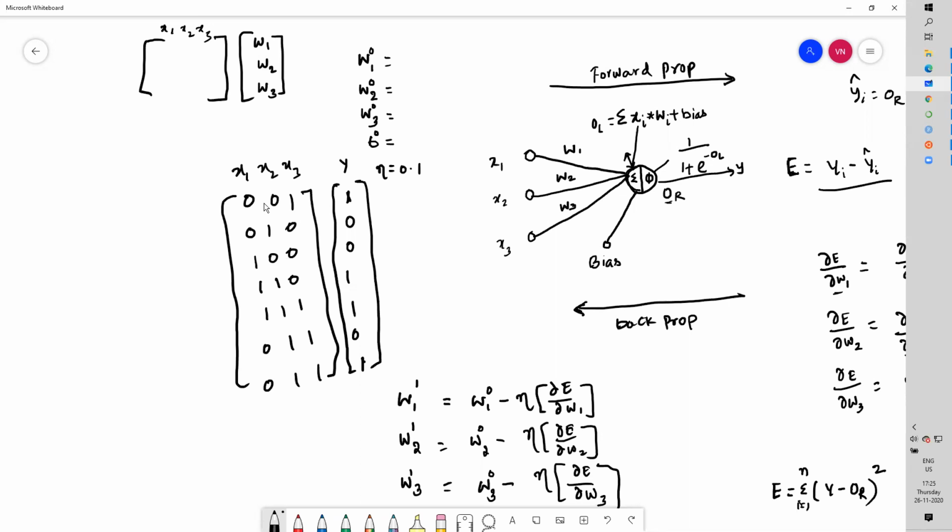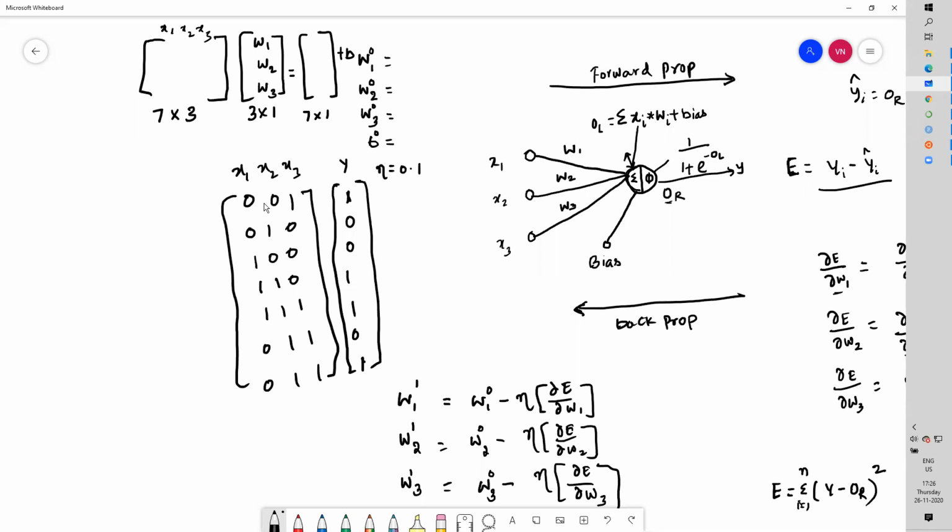Now this matrix is 7 by 3, 7 rows by 3 columns, and this is a matrix with 3 rows and 1 column. So we would get a matrix of 7 by 1. And on top of this, we would be adding the bias.